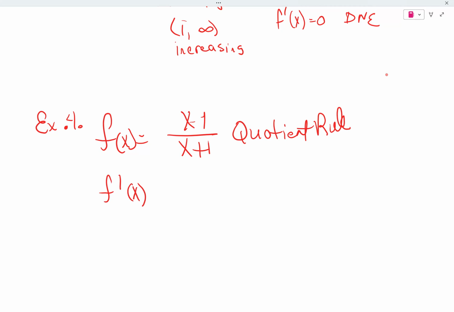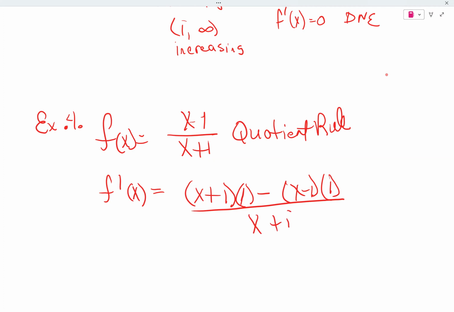And this results in x plus 1 times the derivative of the second equation, which is just 1, minus x minus 1 times the derivative of that other function, x plus 1. And all of this is over x plus 1 squared.